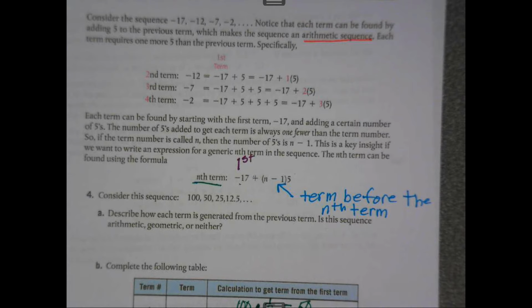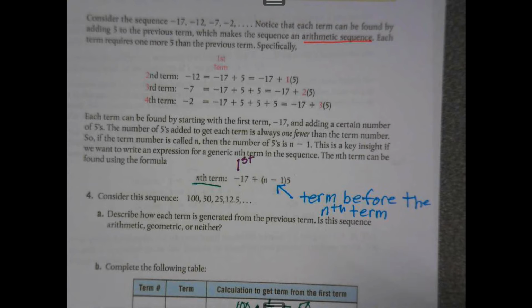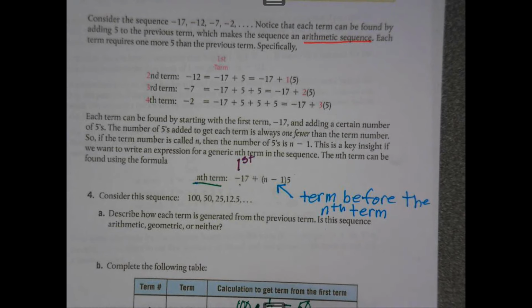We should have put that down here. And for term number 5, we're going to take term number 4 and multiply it by 1/2.